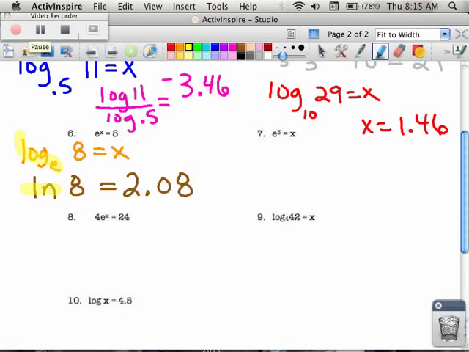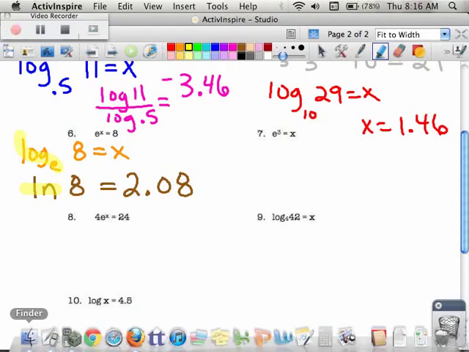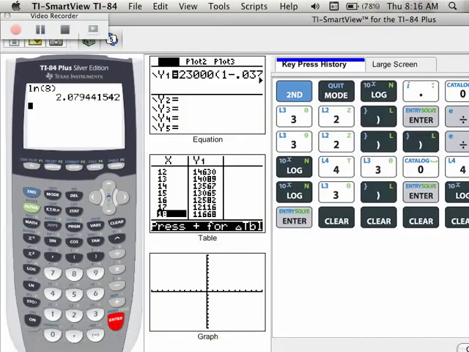So let's look at number 7 then. Number 7 is similar to number 6, but this time, notice how we're not looking for the exponent. Do you guys notice that? If you're not looking for the exponent, you don't have to change it to log form. You just type it in. So the cool thing is our calculator has an e button on it.